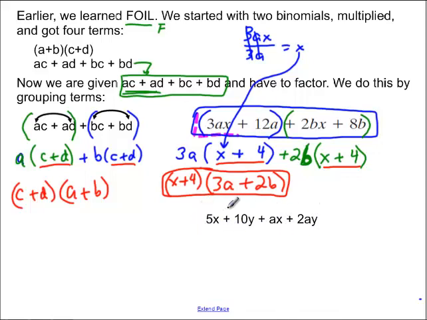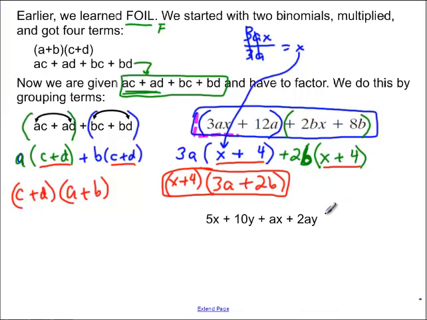Number one should be to group some terms, group the first two terms, group the second two terms, pull out a greatest common factor from the first two terms, greatest common factor from the second two terms, and then see if there is a binomial that can be factored out of each of the two terms that you get down here. Alright, pause the video, do some work.